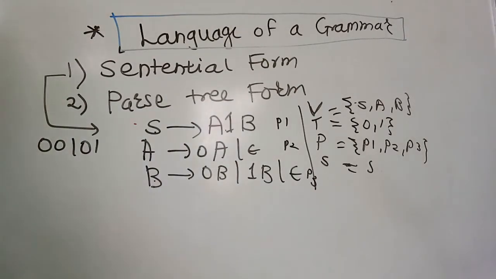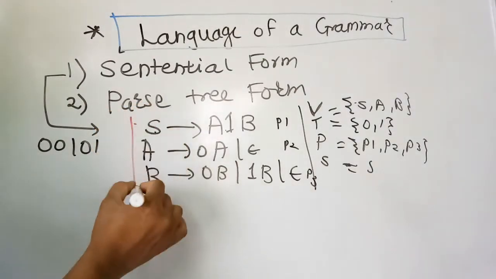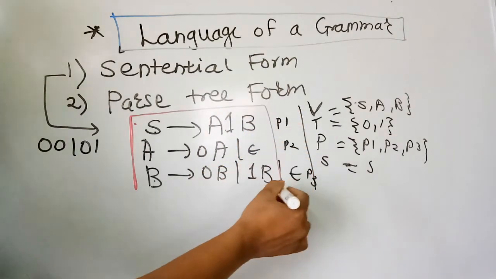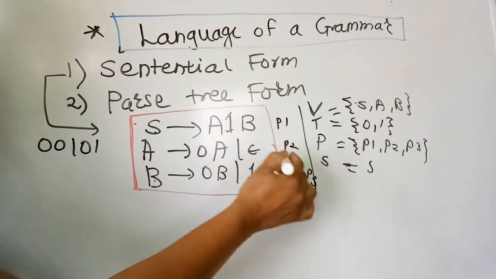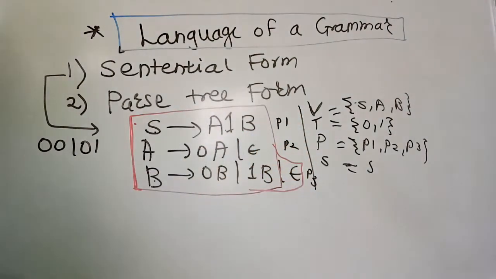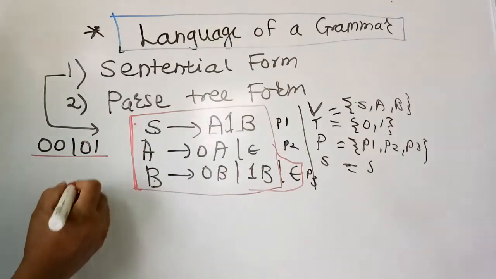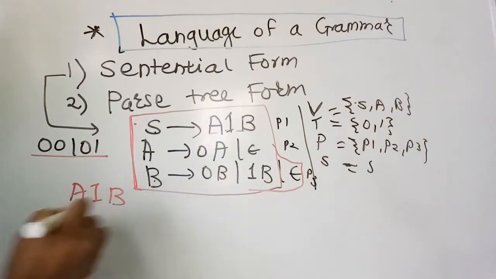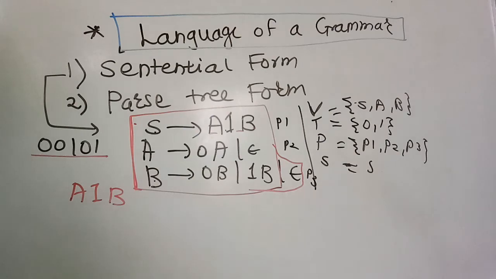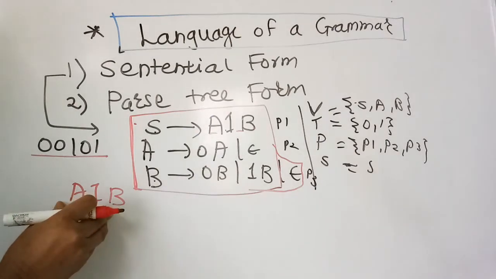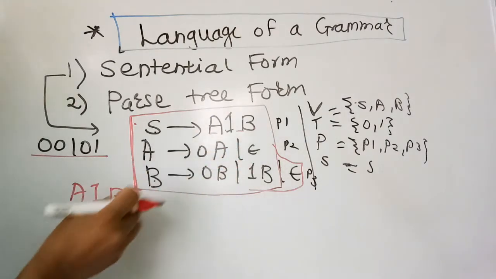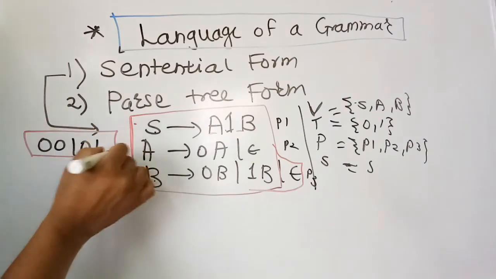For example, you have this many production rules for deriving a string. You will start from A1B. It should be your knowledge to apply which part of the productions to acquire this string.